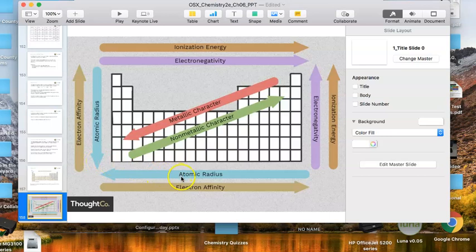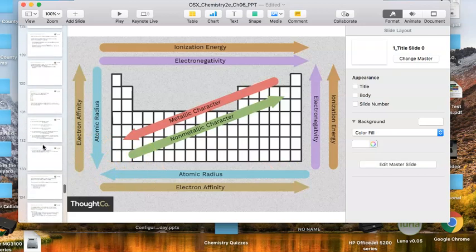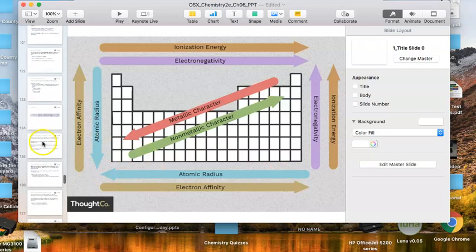All right, so let's look at atomic radius going from left to right. Notice how it's written here: from right to left, the atomic radius increases. So why is that? Now that is a little bit harder to explain. So we're going to go through some slides here where they try to explain that to you.